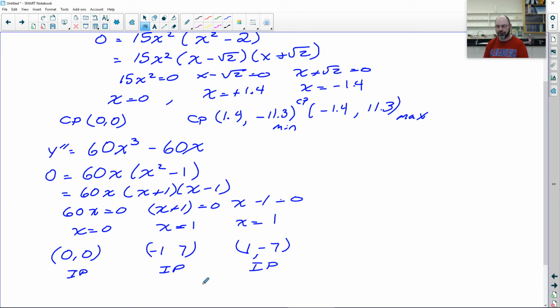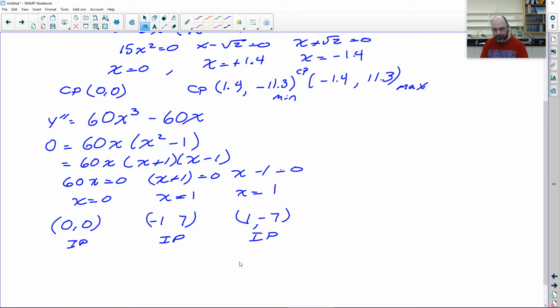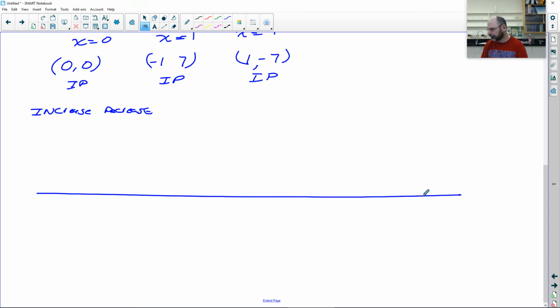Okay, now we're going to check for areas of increase and decrease, and then areas of concavity, and then we're going to sketch it. So let's go ahead and do the first derivative test underneath here first. Increase, decrease. So we've got to have our first derivative, with the root 2's.